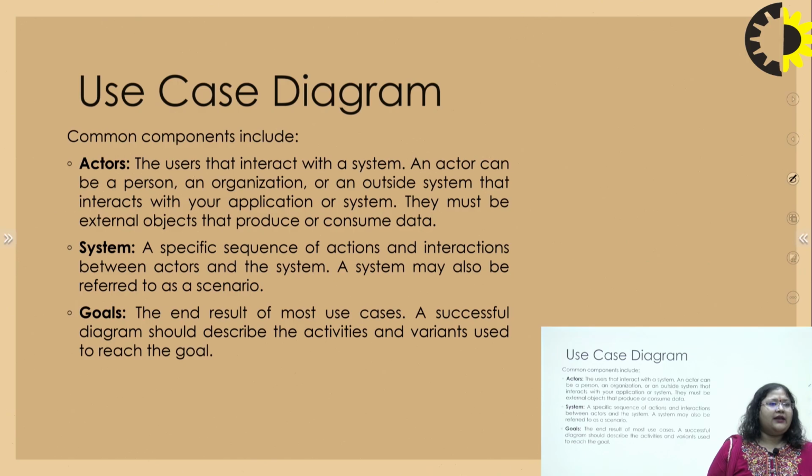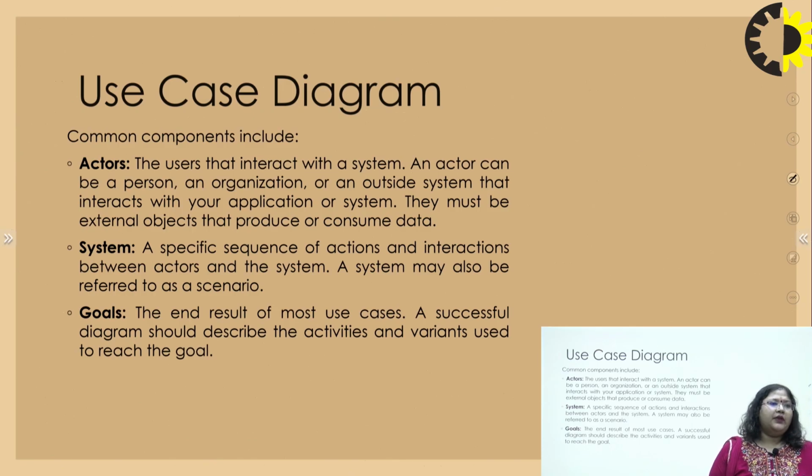So, first is actor. Actor means the user that interacts with the system. Actor can be either a person or an organization or a webmaster or an admin; anyone becomes an actor. They must be external objects that produce or consume data.